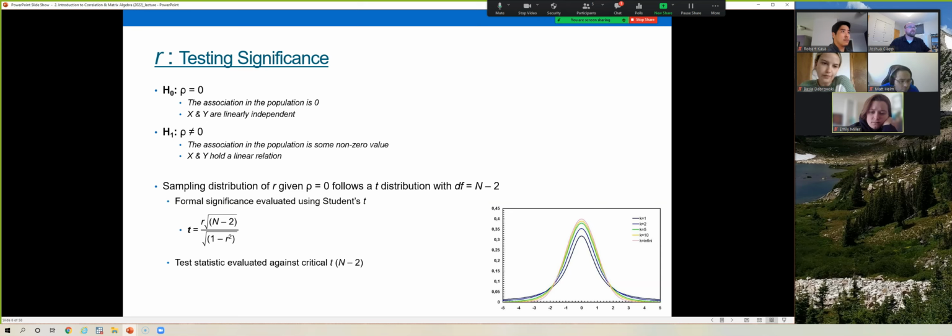All we need to do then is take that estimate, turn that into a p-value, and look at that against your critical value for t with n minus 2 degrees of freedom. Okay. People seeing how we get at this formula here? At that point, you're getting a t-value that you plug in with the corresponding degrees of freedom, get a p-value, and that's all you need to do to test this.